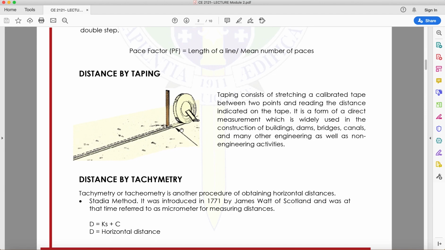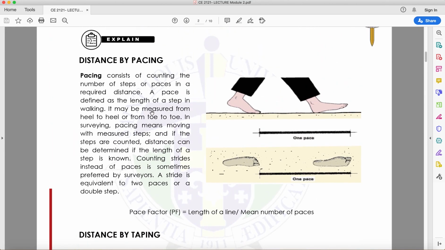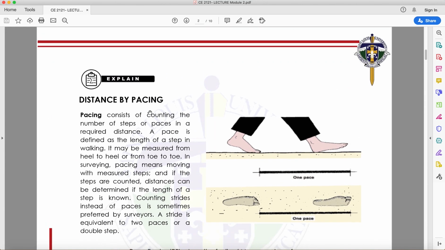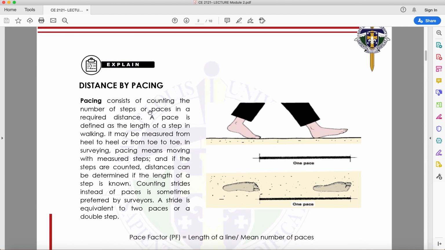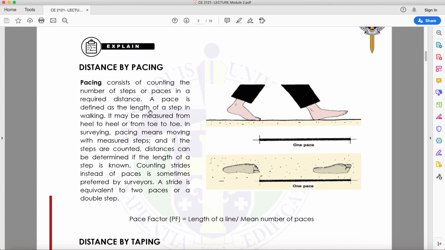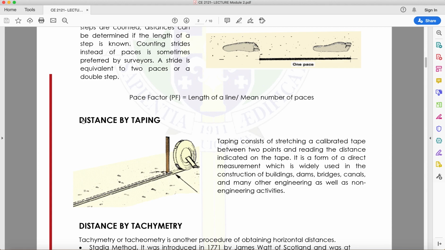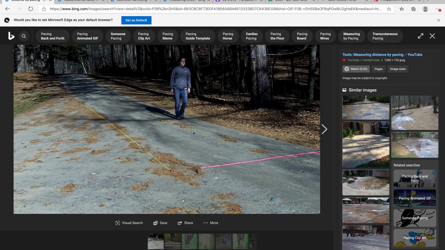By the way, for pacing, it is not precise. It is not accurate. But if you want to have accurate data, then use a measuring device. We all know what a measuring tape is.